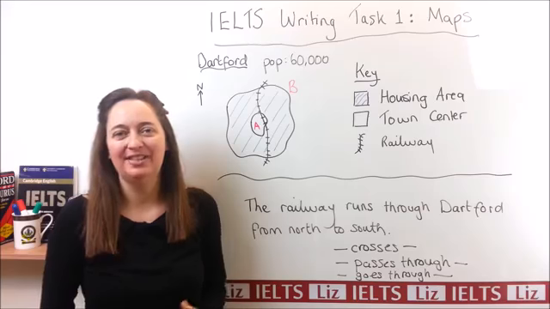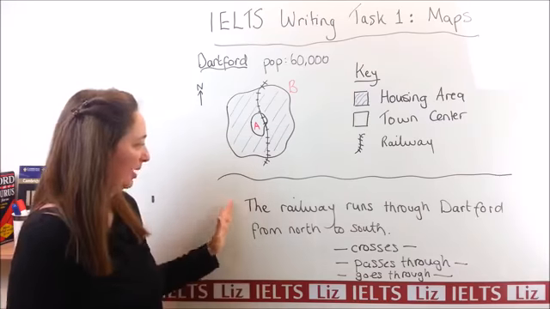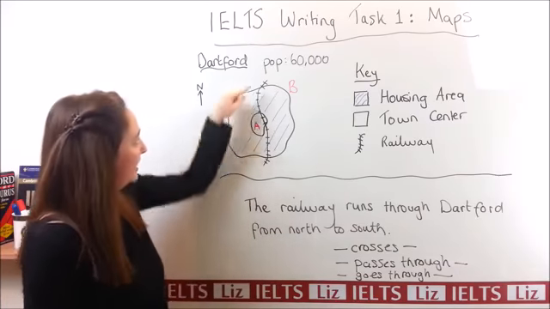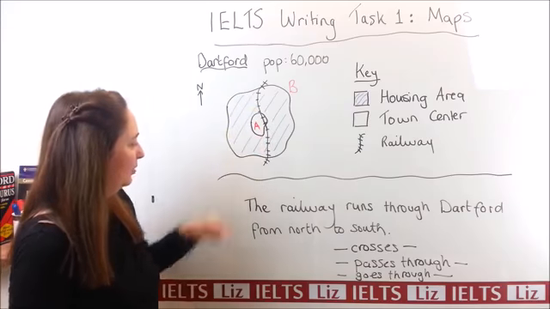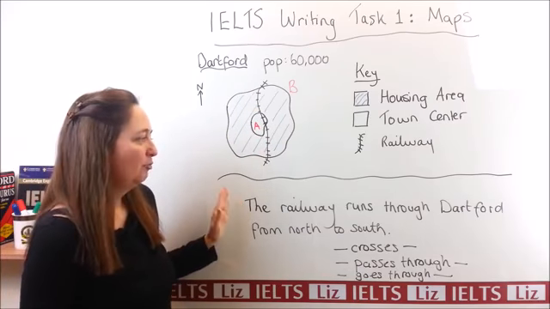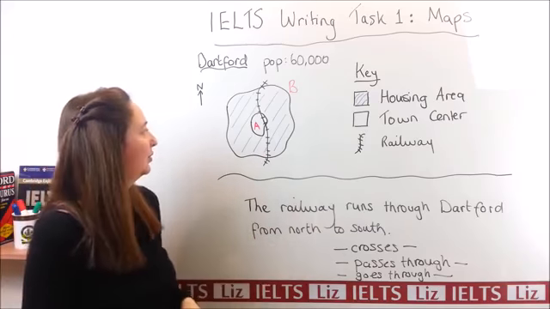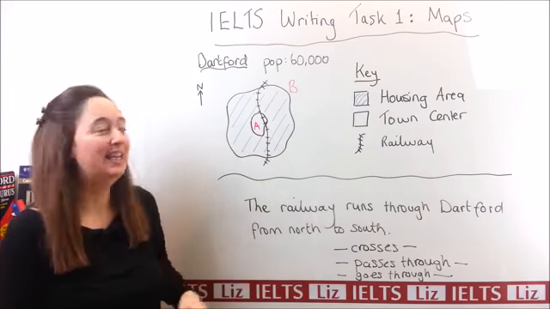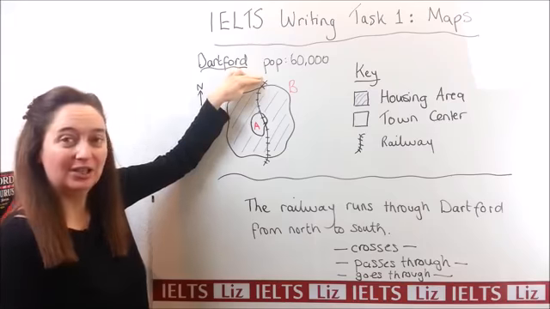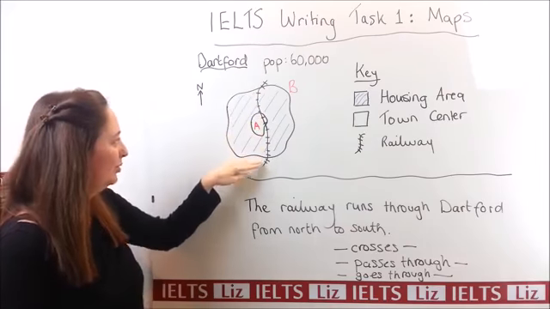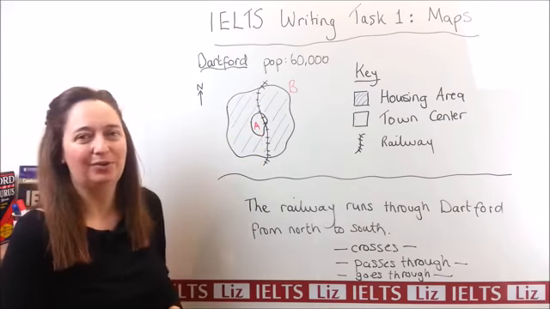And here we have a sentence that gives information about the railway. You can see the railway here running through. The railway runs through Dartford from north to south. And you can see here that the railway starts in the north and runs through the town to the south.